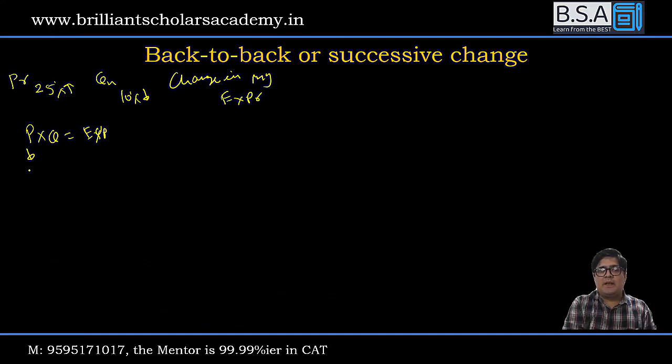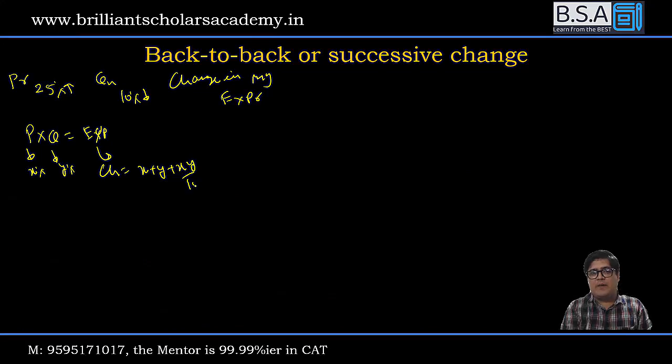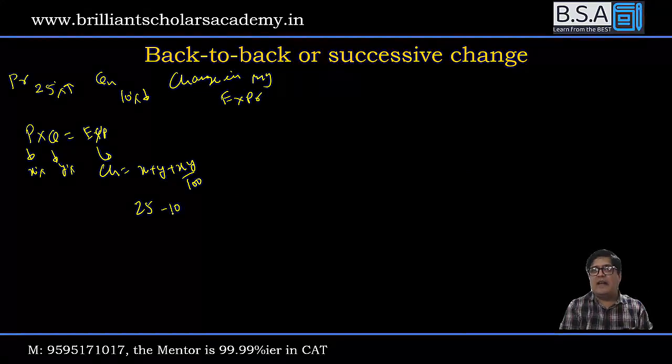So this is percentage X change, this is percentage Y change. The overall change will be expenditure. What is formed after multiplying is the overall change. It will accept what formula? X plus Y plus XY by 100. Where will it work? On the final product. 25% increase, positive. 10% decrease, negative.